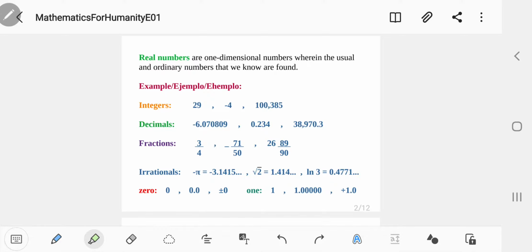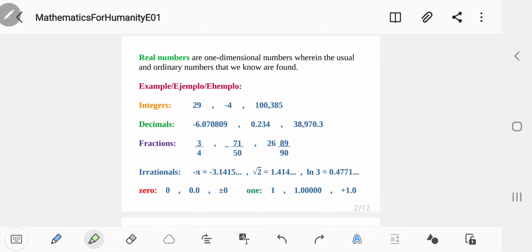There's also another kind of numbers na pula in klase, and this is called fractions. We are given here examples. One is 3/4. The other one is 71/50th. We have also 26, 89, 90th.